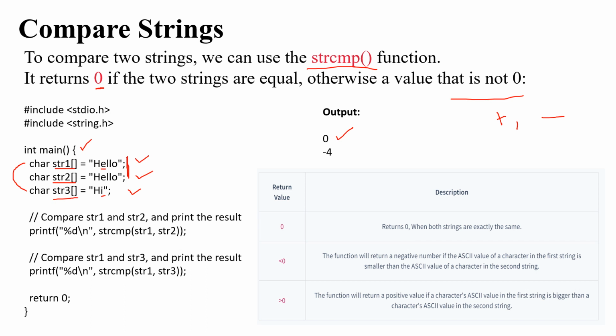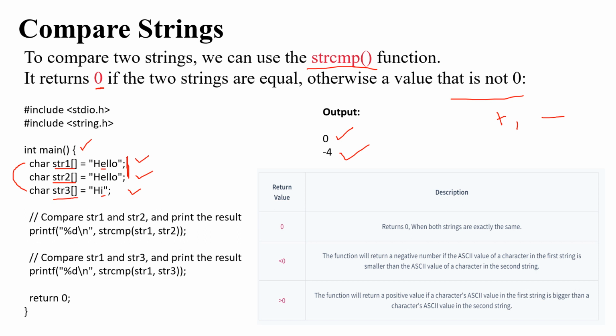Both are mismatched. Whenever you face the first mismatching character, you have to find the ASCII value of both these characters. What is the ASCII value of lowercase e and what is the ASCII value of lowercase i? You find the values, find the difference between these two values, and that will be returned.